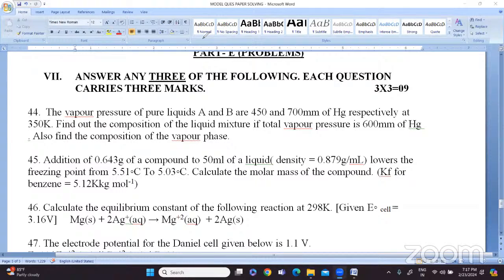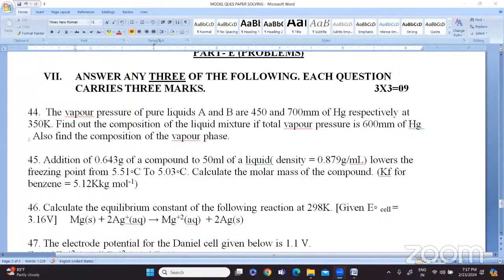Also find the composition of vapor. Yes, how will you solve this?